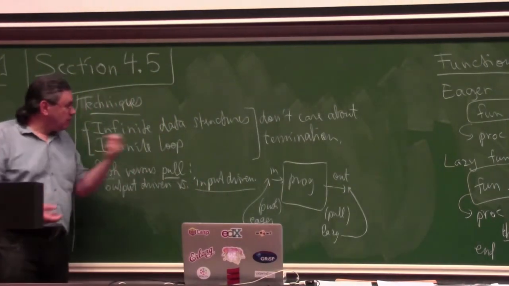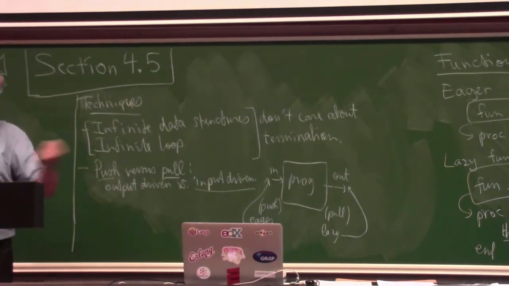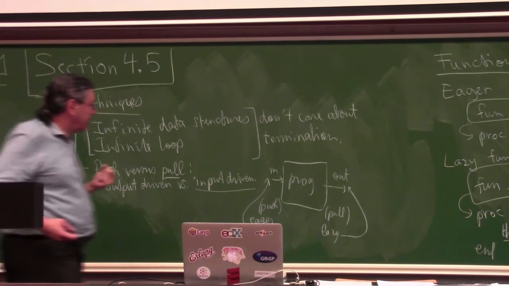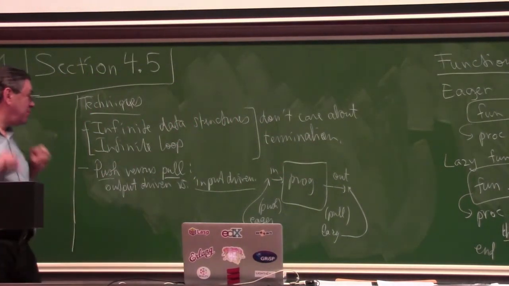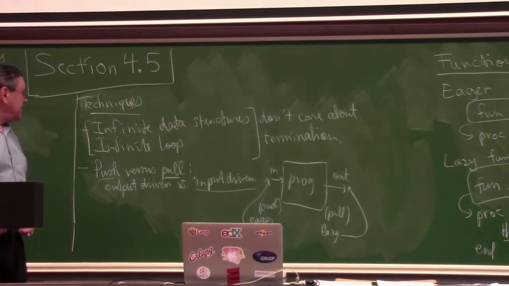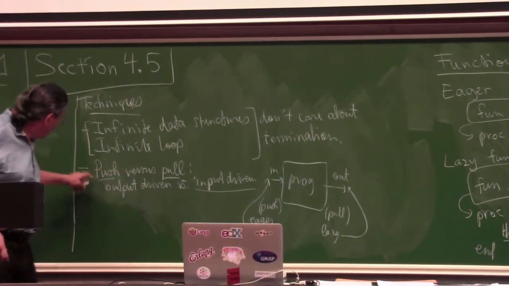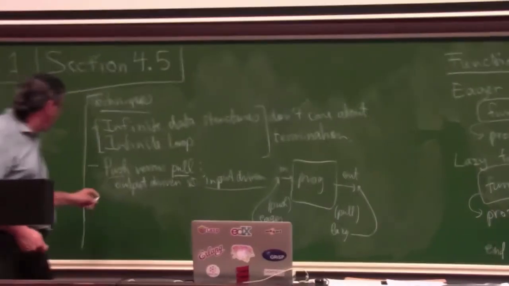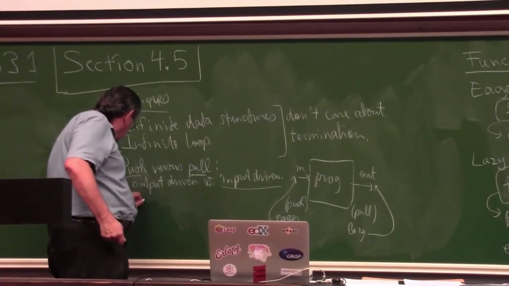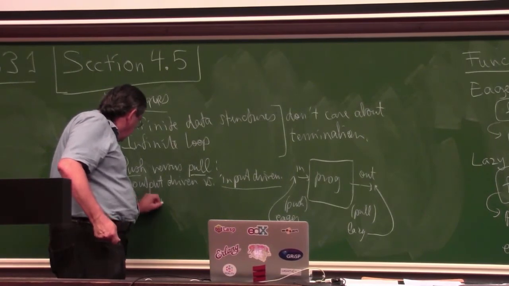So you only do computation when you ask for it at the output. So you're pulling things out of the system instead of pushing things in. And this is a very interesting duality. You can actually use this in any language.